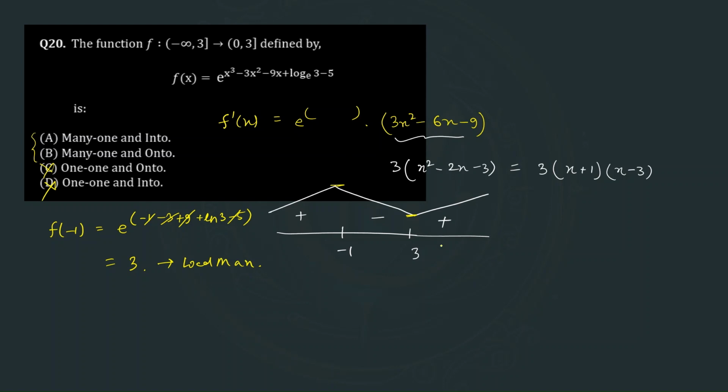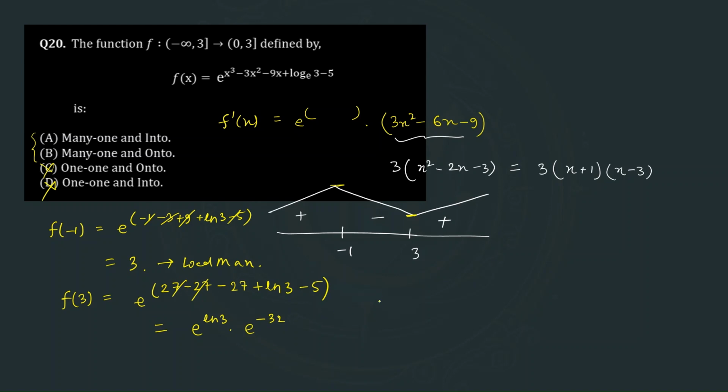Now let us check this function at x = 3. So f(3) will give us e to the power log 3 times e to the power -32. So this is definitely less than this. Okay.